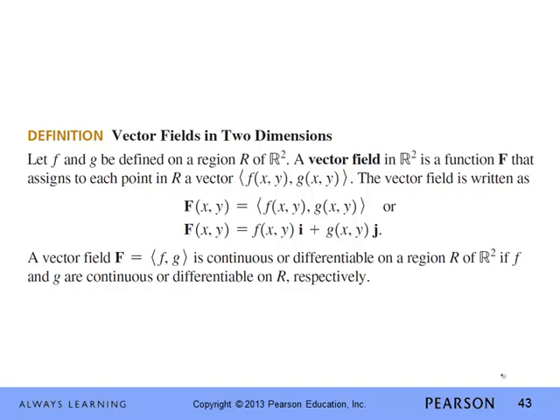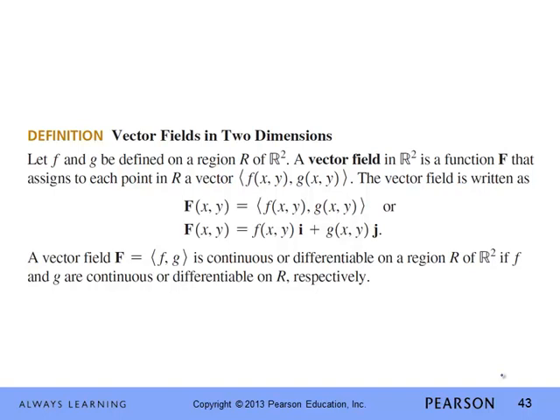Now, in our own handwriting, of course, we would just use the traditional overhead arrow to indicate that it is indeed a vector, but it is going to be dependent on knowing what the x and y independent variables are.